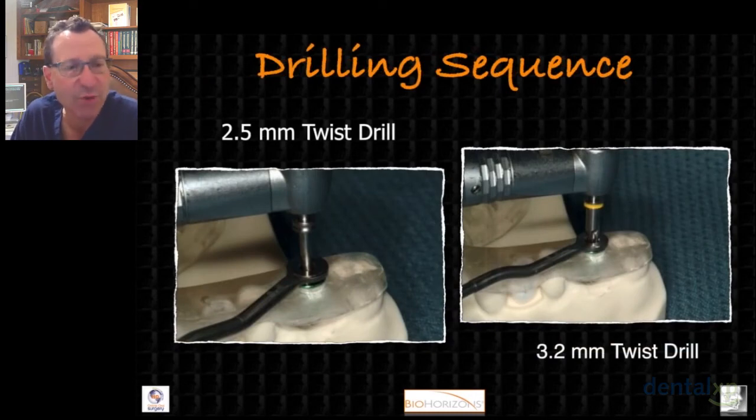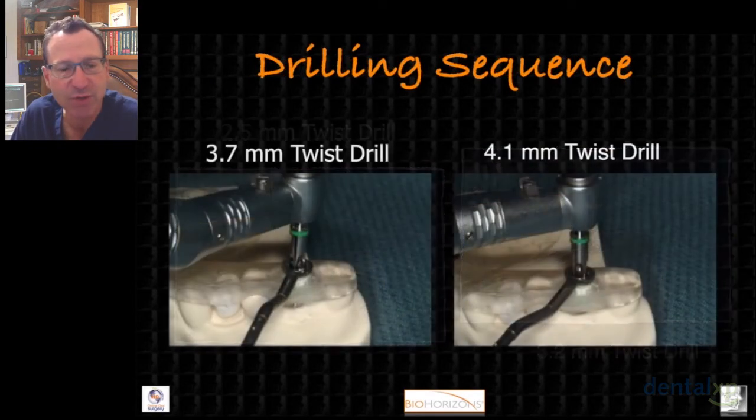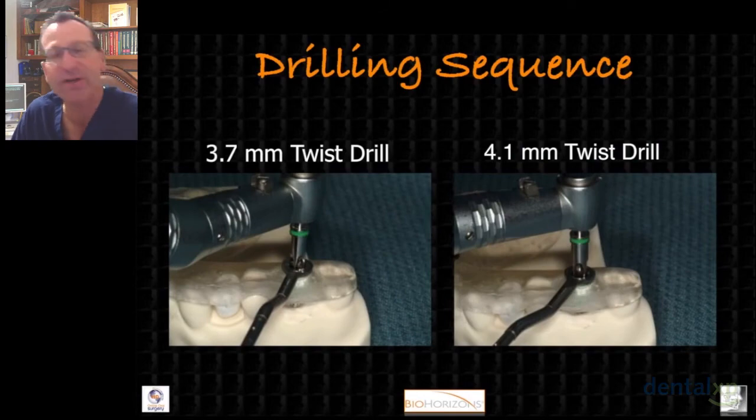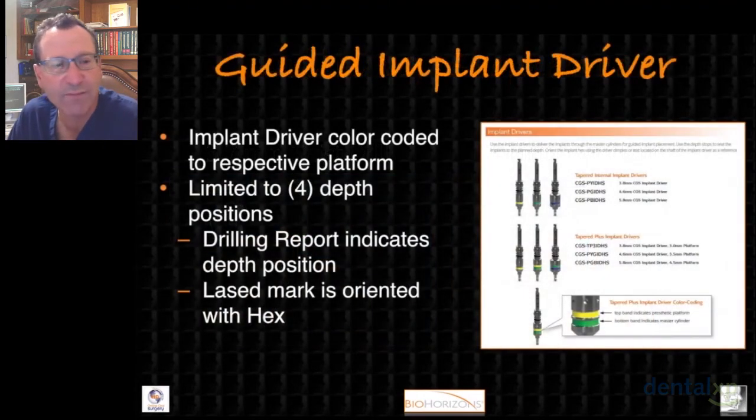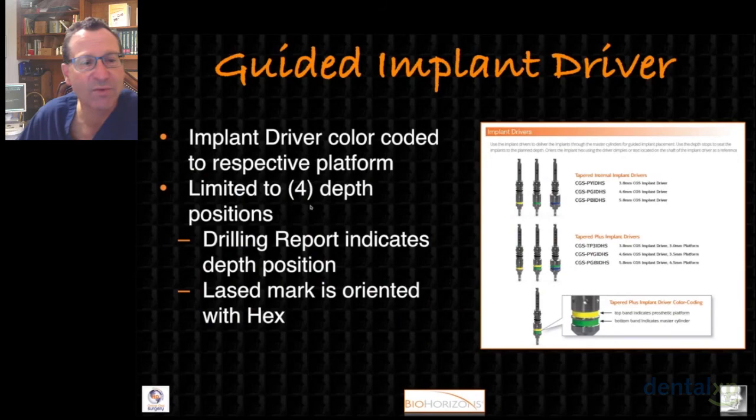Then we go to the 2.5 twist drill, then the 3.2 twist drill, the 3.7, and then the 4.1. Then for placing the implants, we use our drivers, and they're all, of course, color-coded to the appropriate implant diameter and platform.